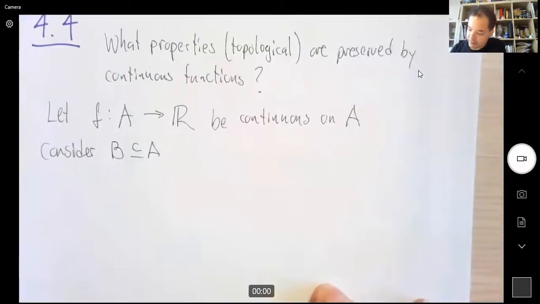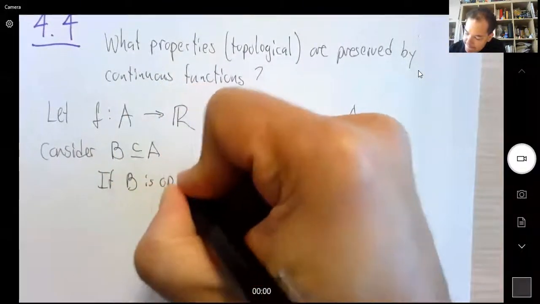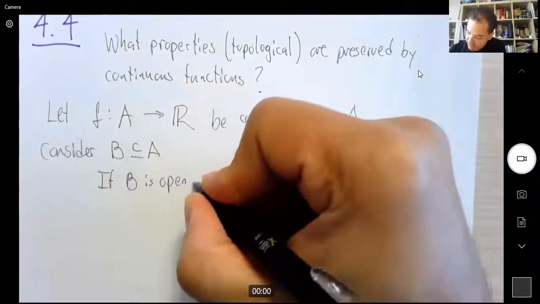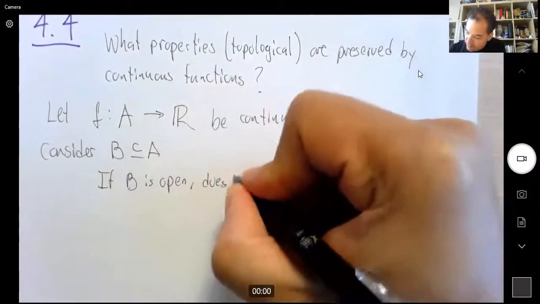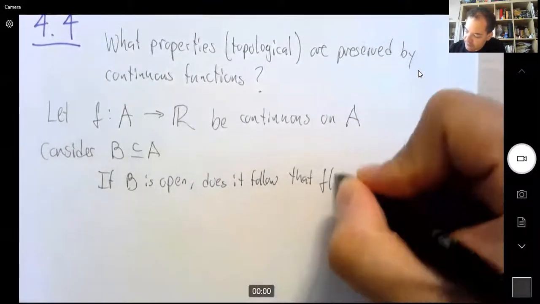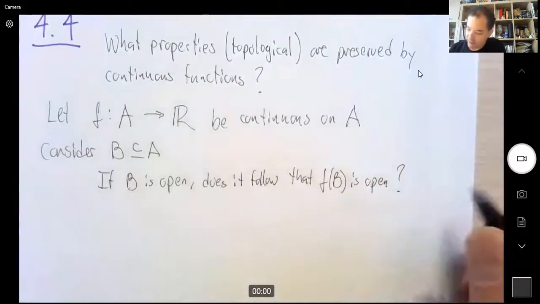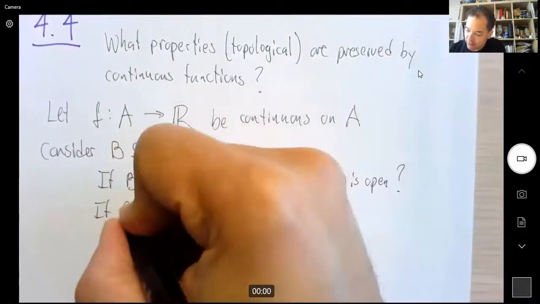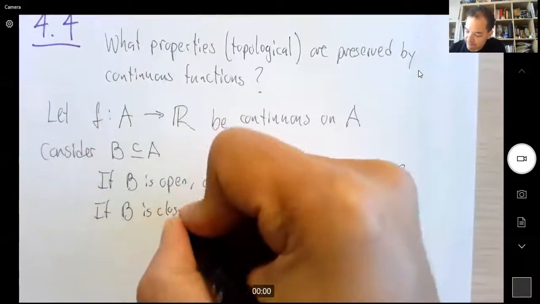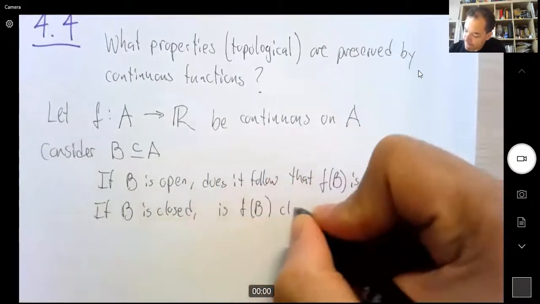Here are my questions. If B is open, does it follow that f of B is open? If B is closed, is f of B closed?